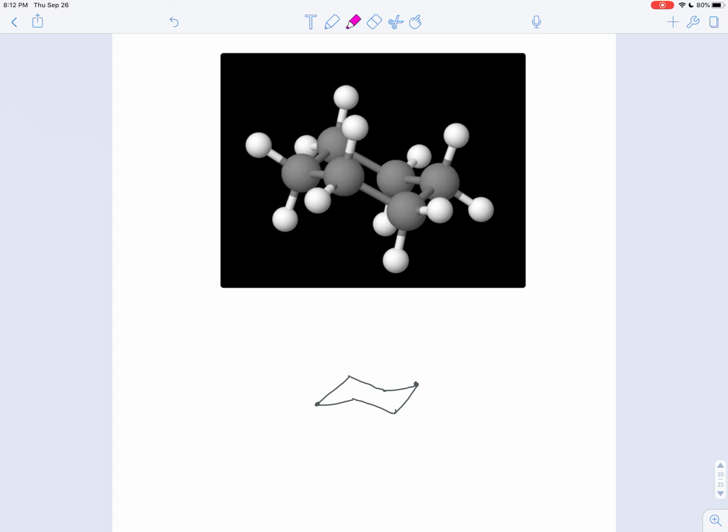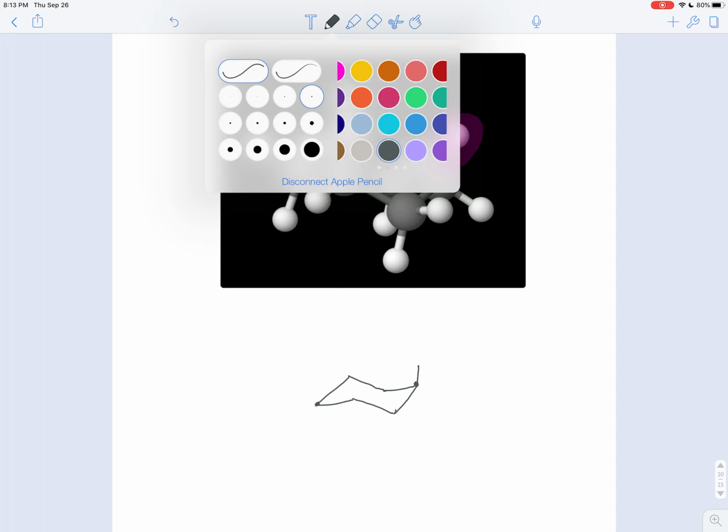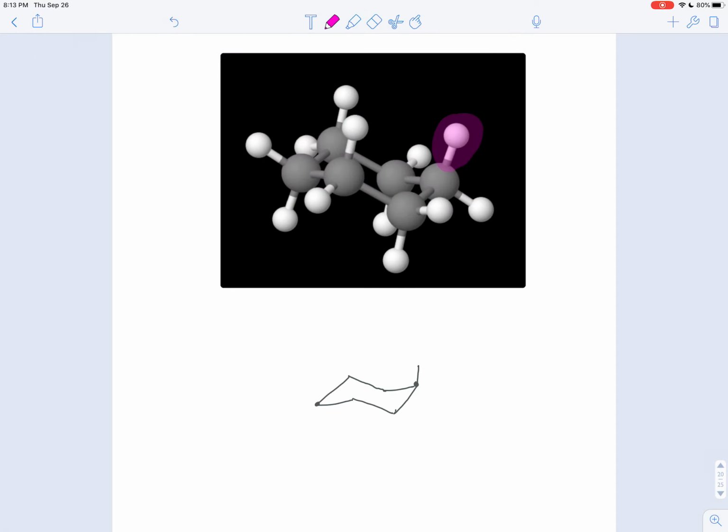Notice that the carbon has one hydrogen going just straight up on that one. And then there's another hydrogen going sort of a little bit to the side and down. Actually, before we draw that other hydrogen in, let's just look at a pattern here. So you have that one hydrogen going straight up.